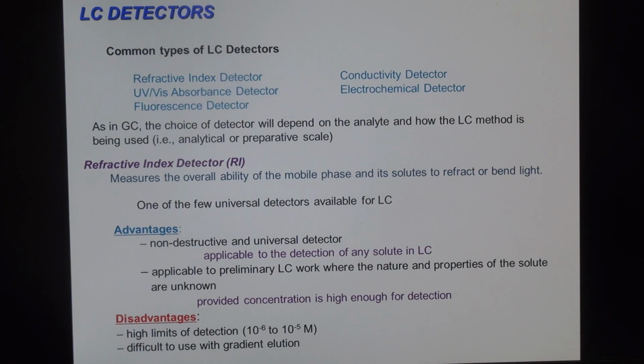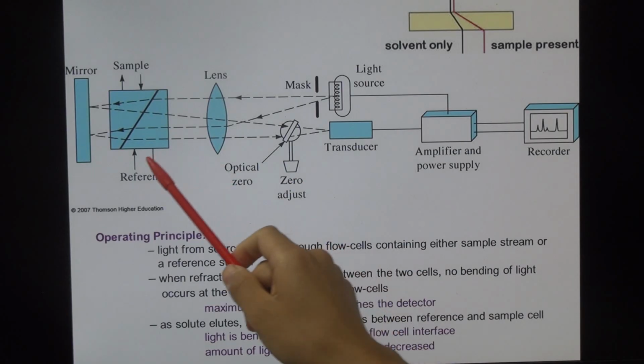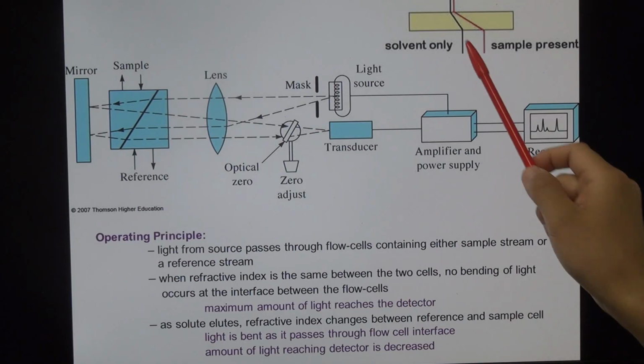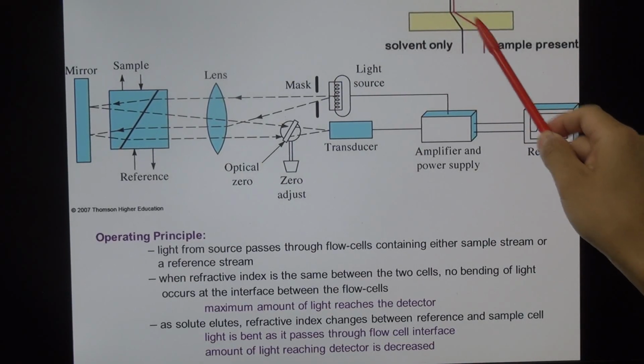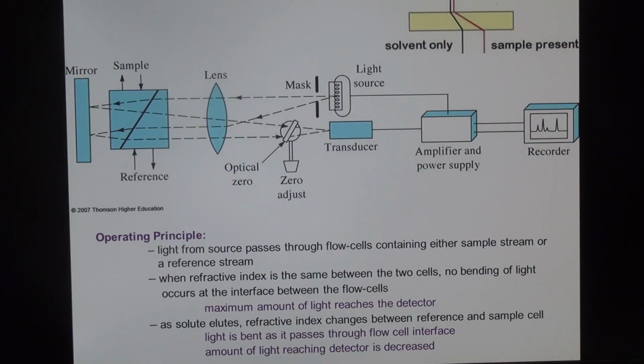Here is the schematic diagram of the refractive index detector. We measure the degree of reflection. When a certain sample is present, the degree of reflection or bending of light is different compared to the solvent-only case.